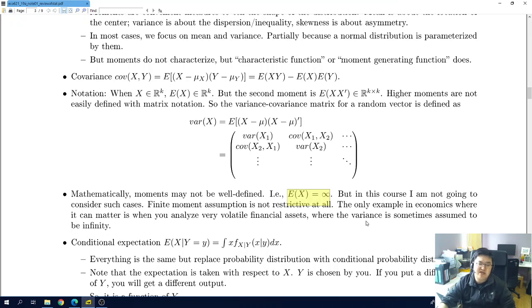Maybe in economics, the only example where this assumption is relevant is financial assets with very high volatility. If assets like stock returns are too volatile, the variance could be mathematically infinity. That is possible, but otherwise I have never seen a problem because of this assumption. So we'll implicitly assume that in most cases.